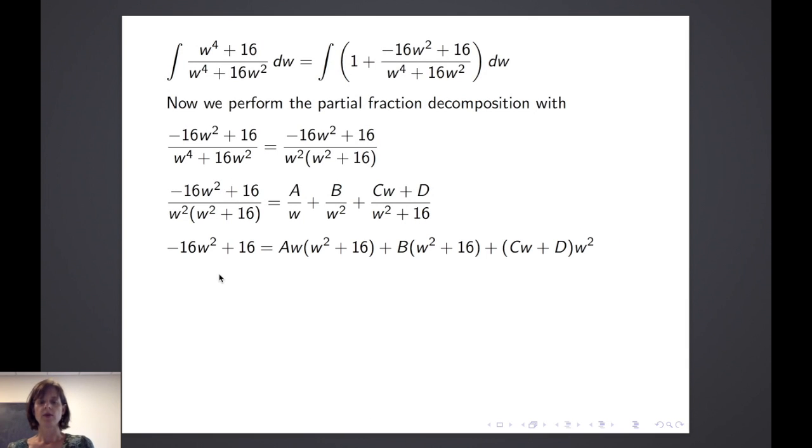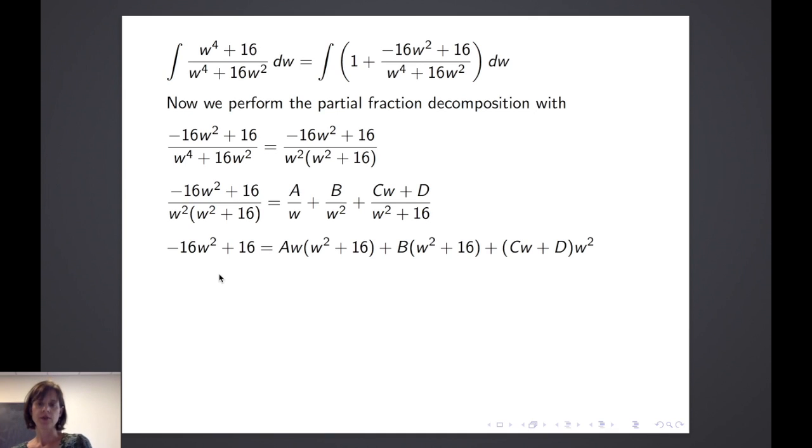So next I multiply both sides by that denominator, w squared times w squared plus 16. I get negative 16w squared plus 16 is equal to aw times w squared plus 16 plus b times w squared plus 16 plus cw plus d times w squared. And this is true for all values of w.